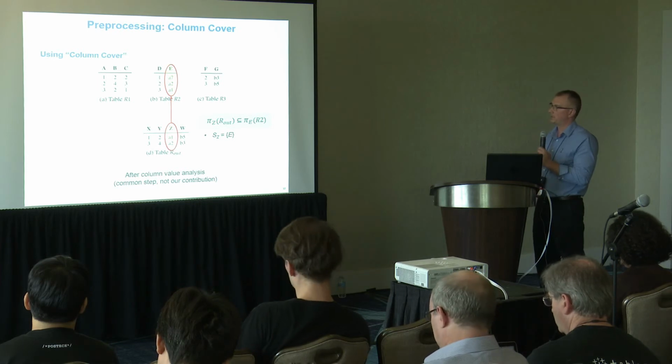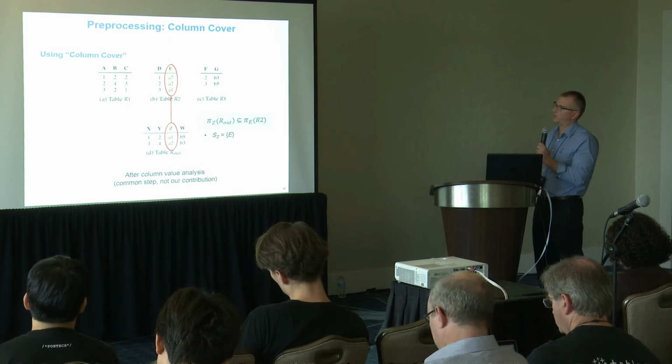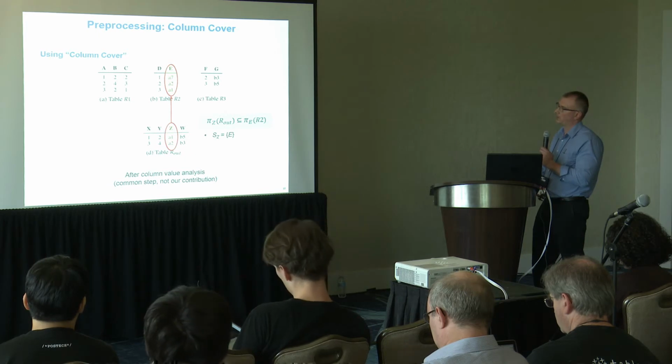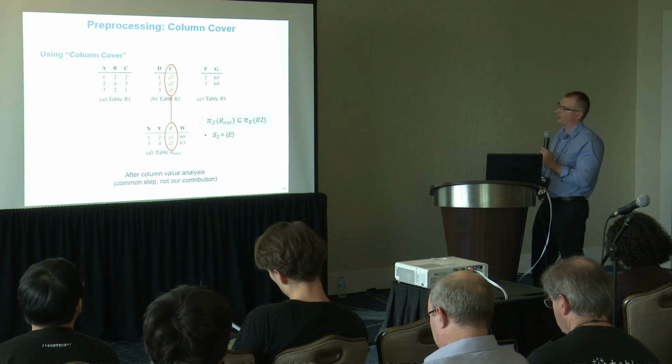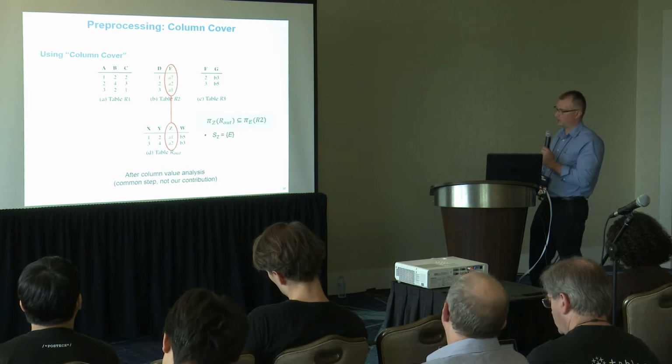For Z, you see A1 and A2. Then you say, aha, A1 and A2 are only present in E. So the cover for column Z is column E, because the values could have come only from this column in a project-join query. You can write this observation in a formula involving projections: if you take Rout projected on column Z, it should be a subset of R2 projected on column E.